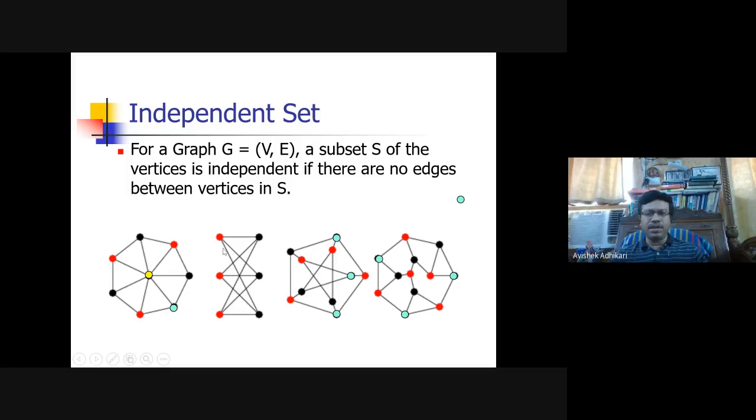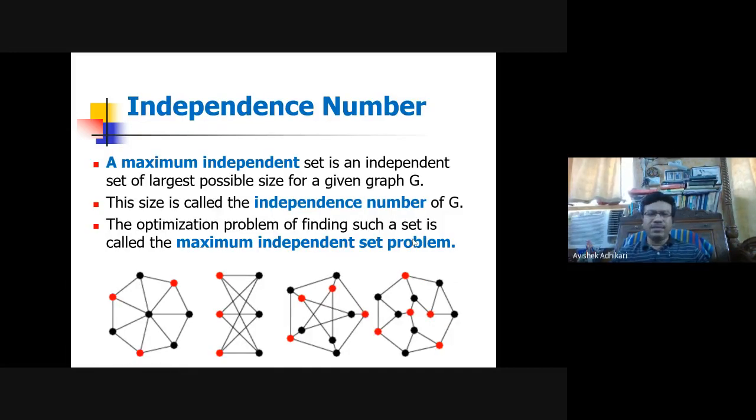For example, here the red colors represent an independent set. Here, these 3 red colors also represent an independent set, or here these 4 or 5 red colors also form an independent set. So the question is, what could be the maximum independent set? A maximum independent set is an independent set of largest possible size of a given graph.